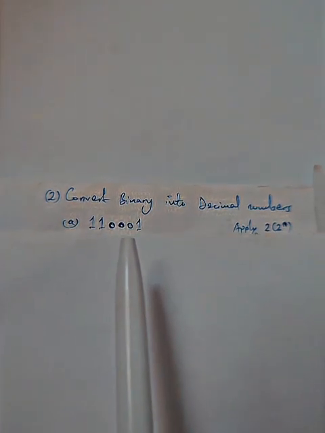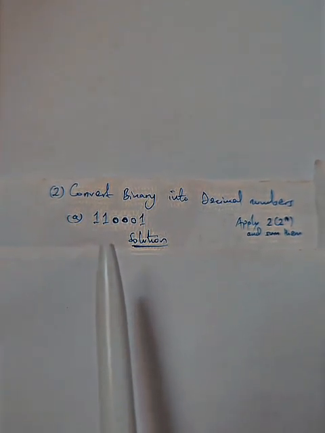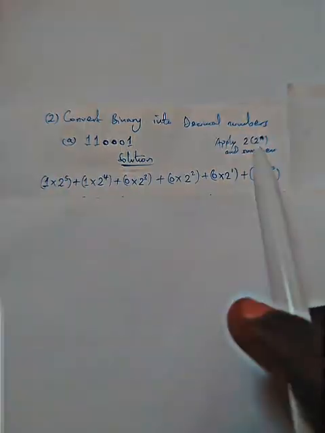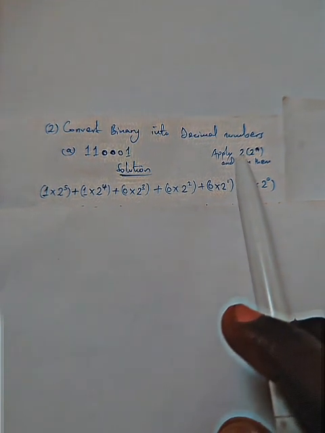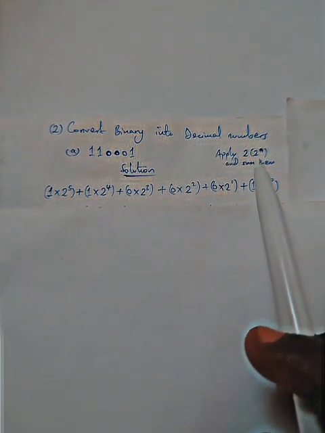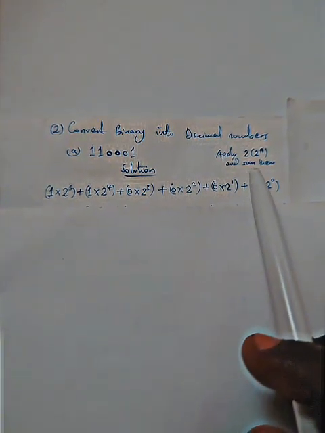Question 2, convert the binary into decimal number. Question 2a, binary number 11000001. Here we apply the formula, 2 power n, and add the sum of them.